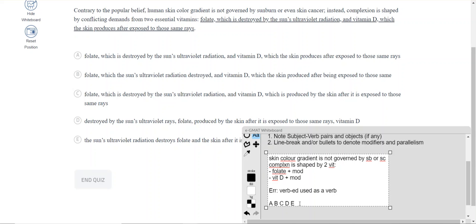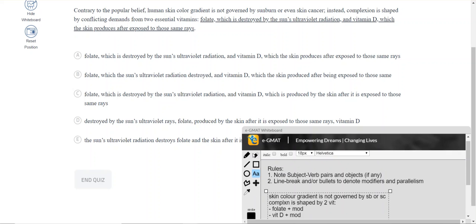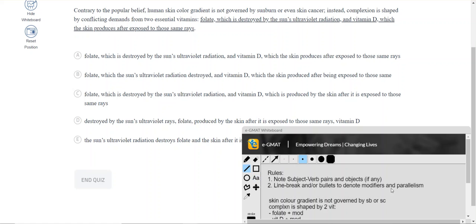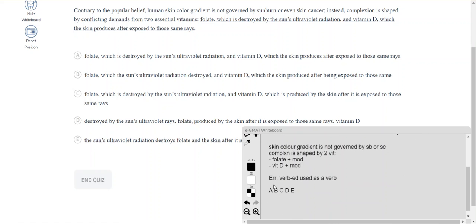So let's strike out A. That's wrong. Let's look at B. Folate, which the sun's ultraviolet radiation destroyed.